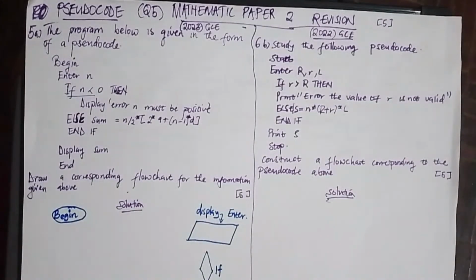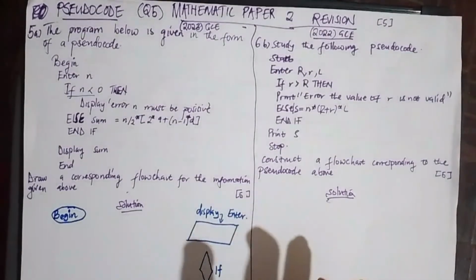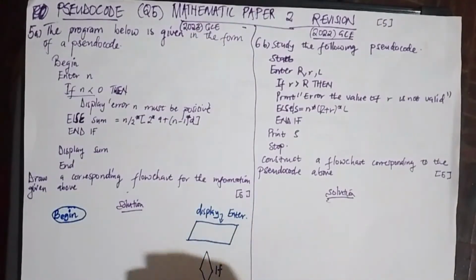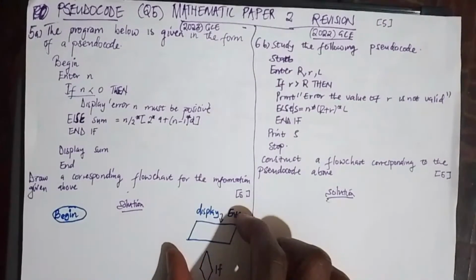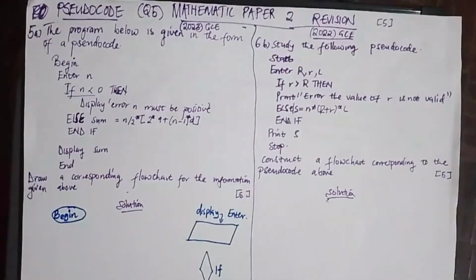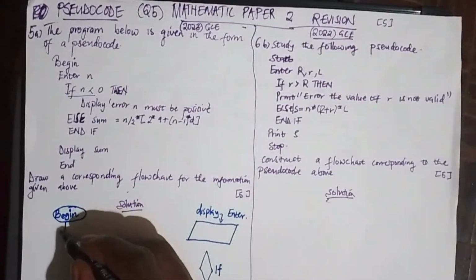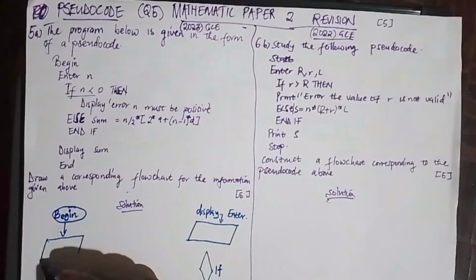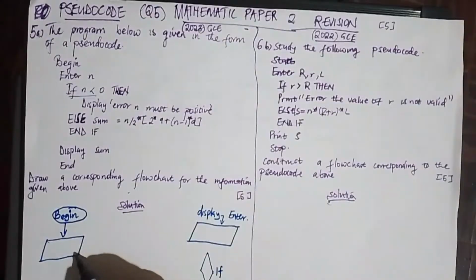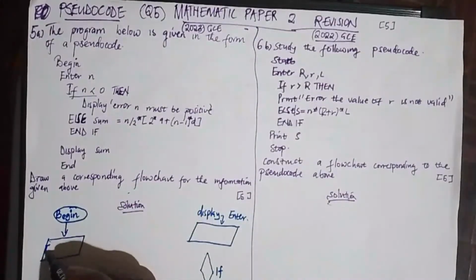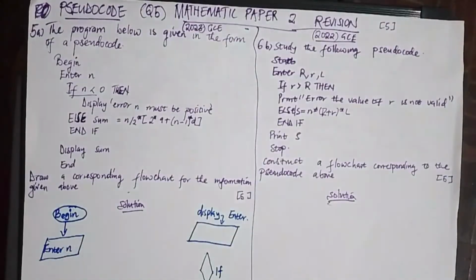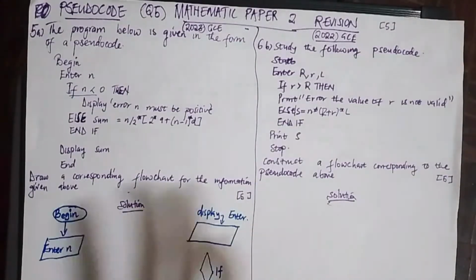Then I told you that whenever you have enter or display, the shape you are supposed to use is the parallelogram. So next here, parallelogram, and you say enter, n.